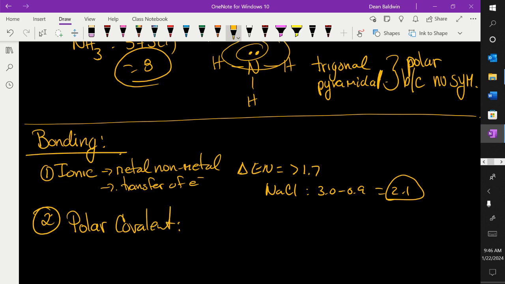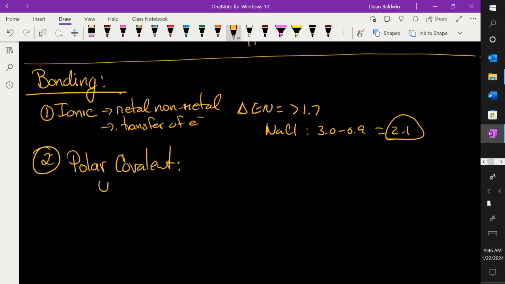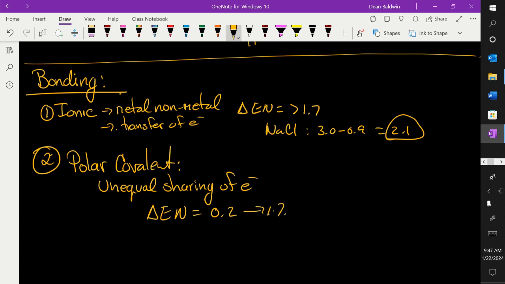What's a polar bond? Unequal sharing of electrons. So unequal sharing of electrons. What was the delta EN for that? Does anybody remember? The electronegativity difference was 0.2 to 1.7.